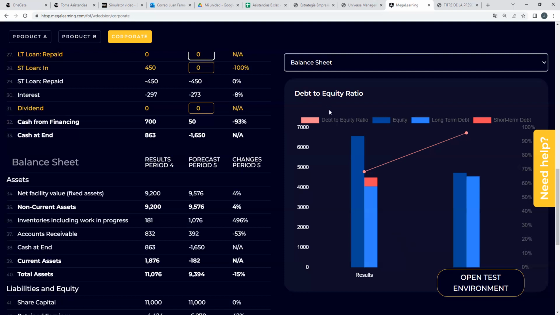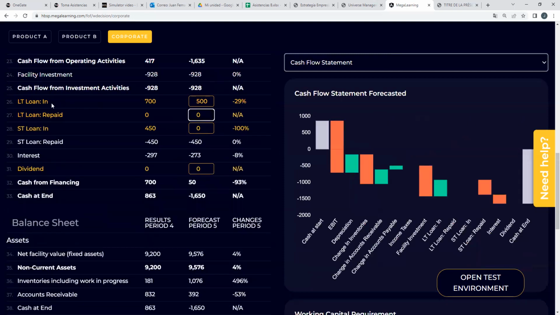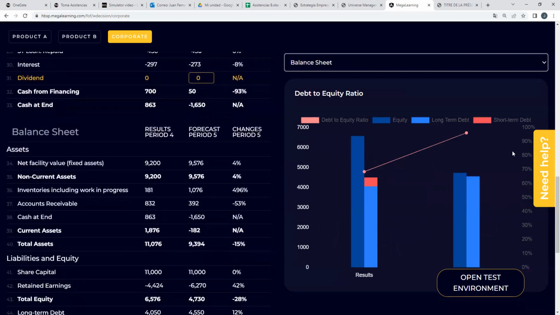So look at what I did. I asked again for a long-term debt of $500. So what's going on here is that I am increasing the debt of the company. I am putting the company above 80. So the company is going to pay the maximum rate of interest because it has a lot of debt. Okay?